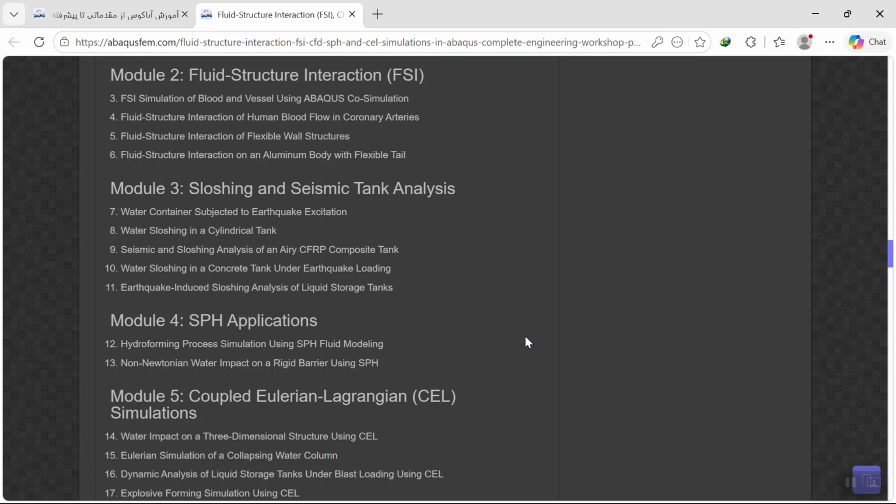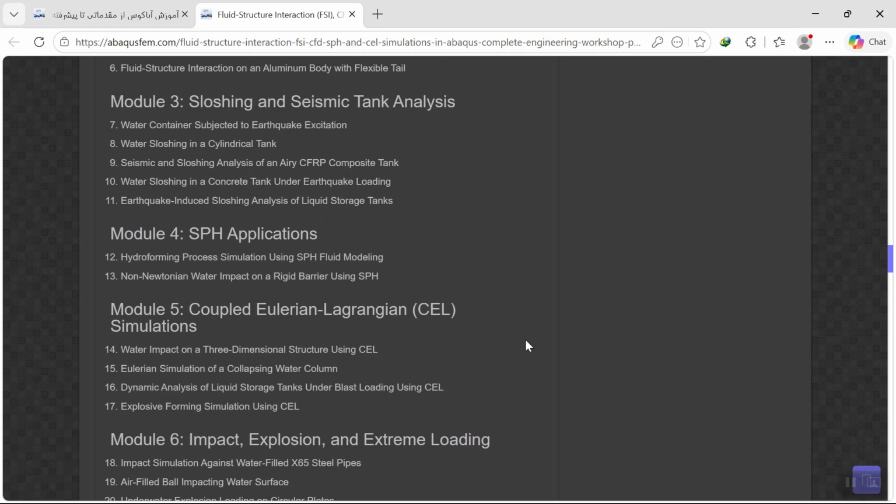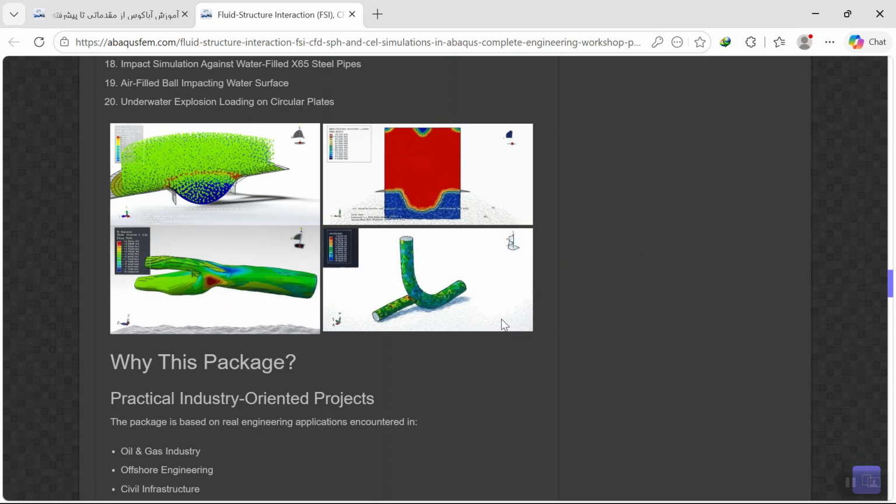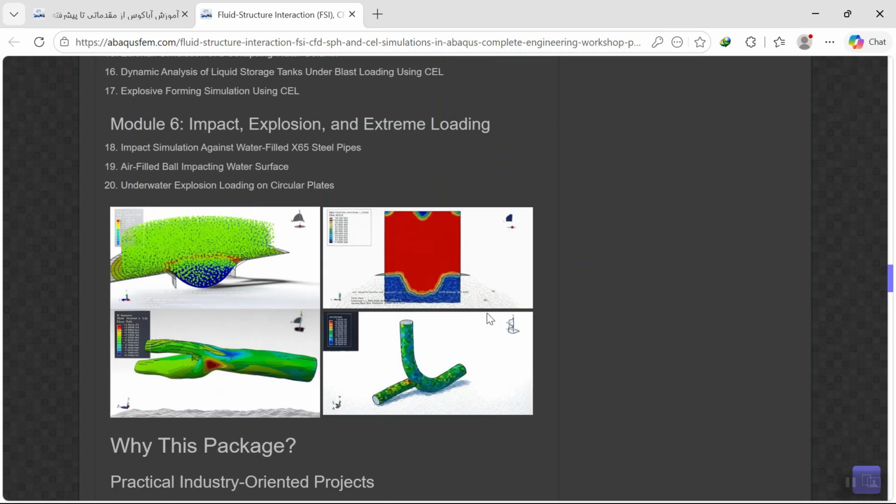You will learn water-filled steel pipe impact, underwater explosion, and blast effect over the storage tank. Besides that, we have smooth particle hydrodynamics. It is a powerful mesh-free numerical method that allows engineers to model highly deformed fluid and large free surface motion.